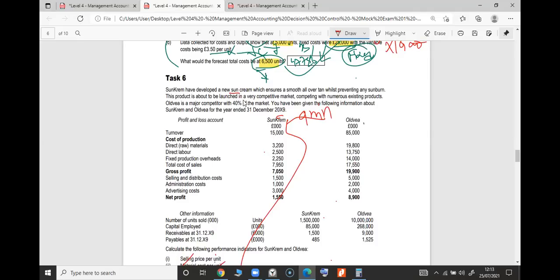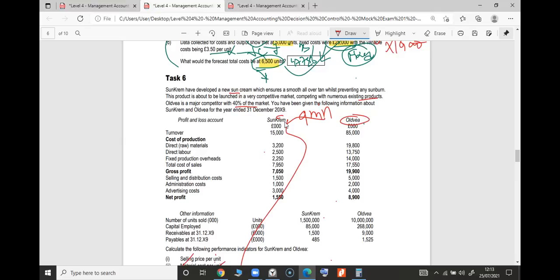Ensure a smooth all over tan whilst preventing any sunburn. This product is about to be launched in a very competitive market, competing with numerous existing products. Oldeva is a major competitor with 40% share, most of the market being captured by Oldeva.